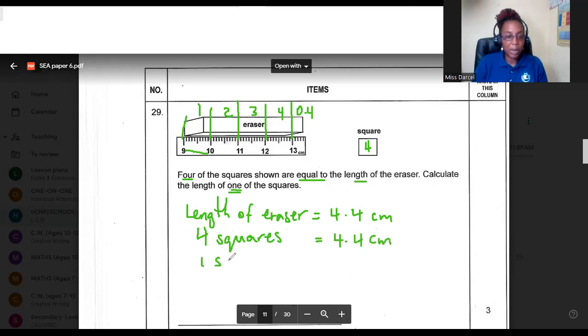So 1 square is 4.4 divided by 4. And we get 1.1 centimeters. Did it. All right, on to the next one.